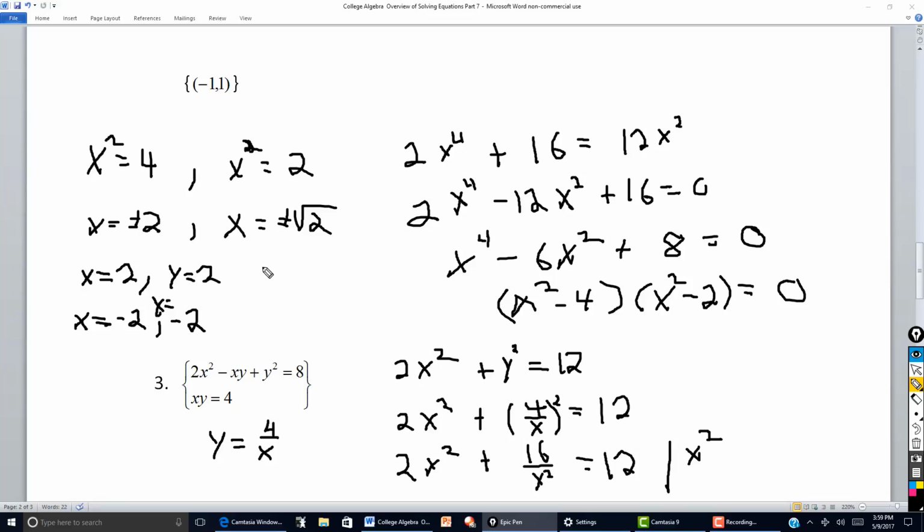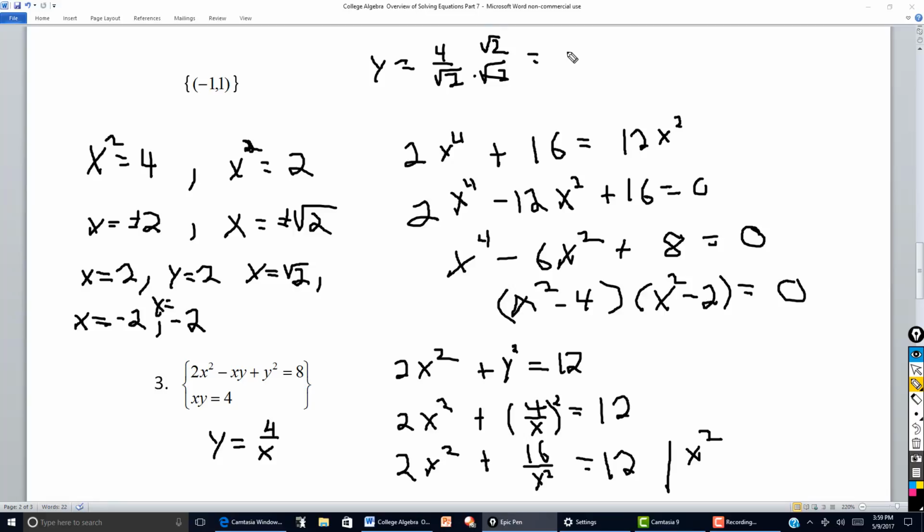Now, on the second one, x can also be a positive radical 2. So if x is equal to the square root of 2, we'll plug it in where the x is over here. Y is equal to 4 over the square root of 2. Generally we simplify this, so I'd multiply this by the square root of 2 and the square root of 2.